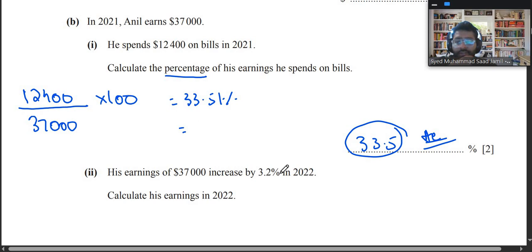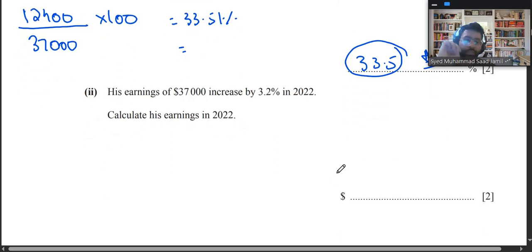Now it says his earnings of 37,000 increased by 3.2% in 2022. Calculate his earnings. Look, there are two methods to do this question. I'll explain both side by side. The first method is his original income or earning was 100% and it has been increased by 3.2. So add 3.2.